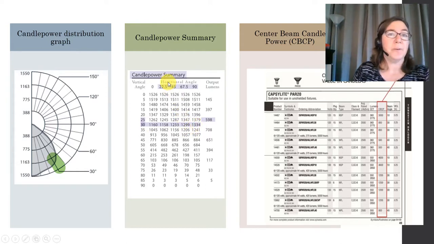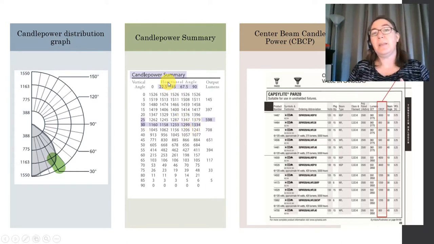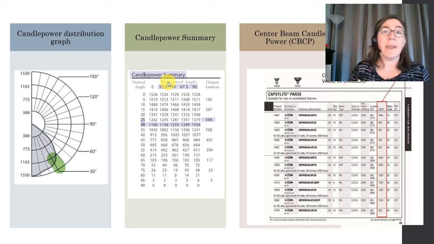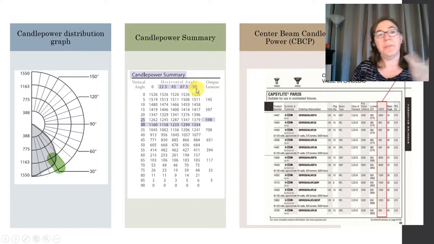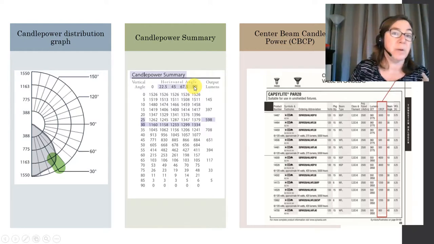It turns out that this particular luminaire has across and along values that are different. It's not symmetrical in three-dimensional space. So we also have to choose a horizontal angle. And if you go through and look at all these values, it turns out that candle power distribution graph is done for the 90-degree angle, which is the most common.